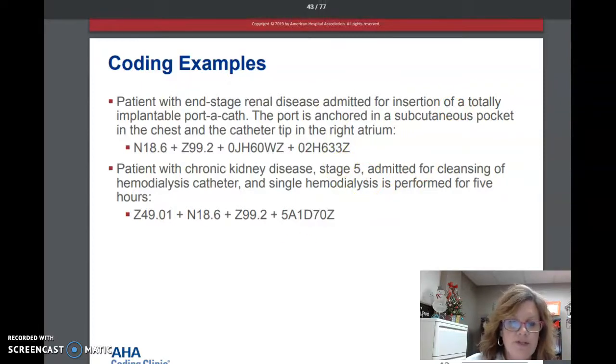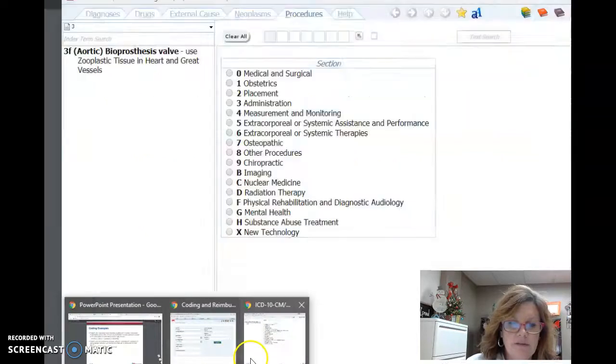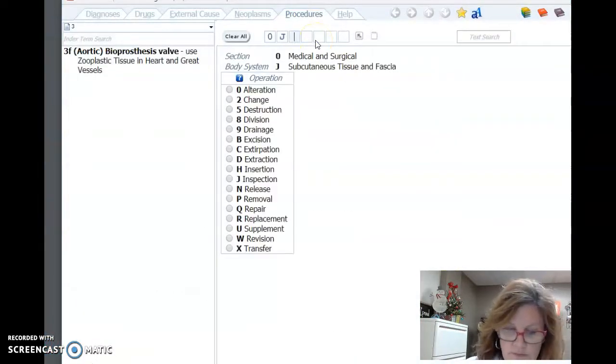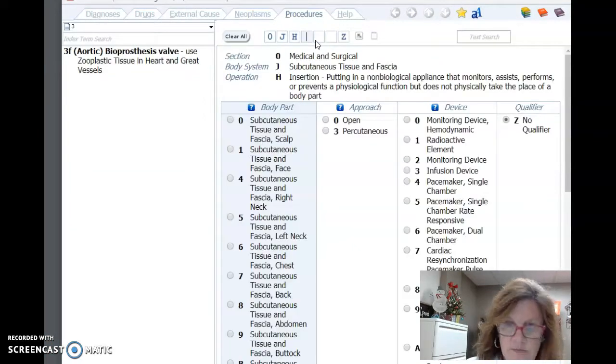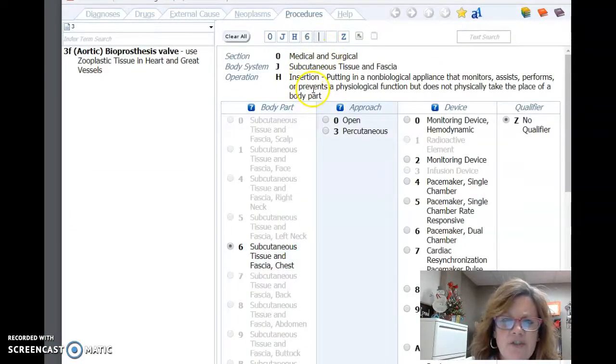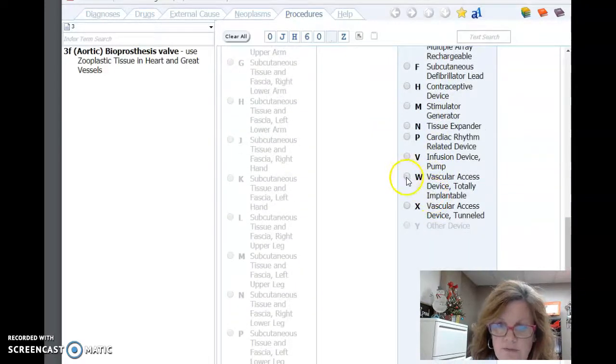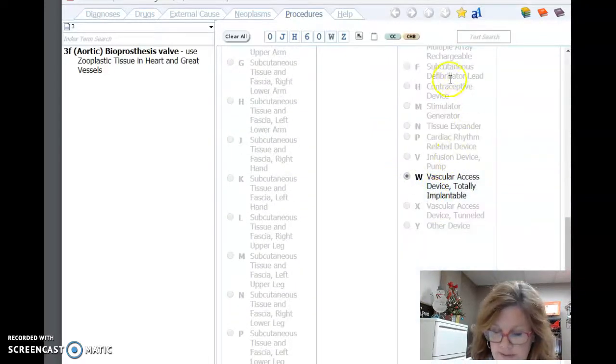So that will be just to give you an idea. Okay, insertion, keep that in mind, and then it was open. And we are going to go to vascular, and then Z.